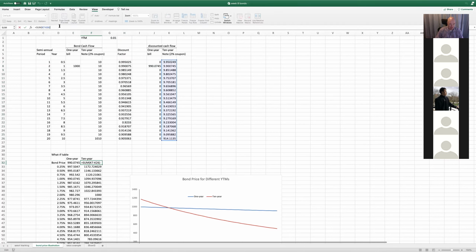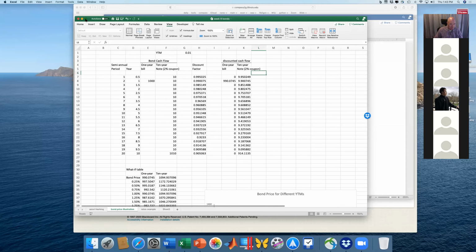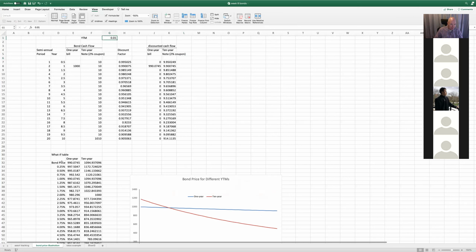Okay. And then I created a table, and this table varies this yield to maturity. So, oops, I can't change my table, but if I hit escape here and put 0.0025 here, I will get my bond price associated with 0.025 here.